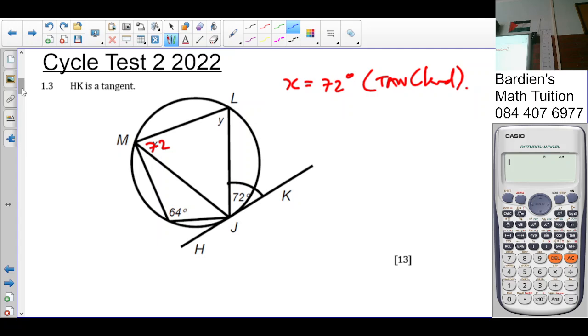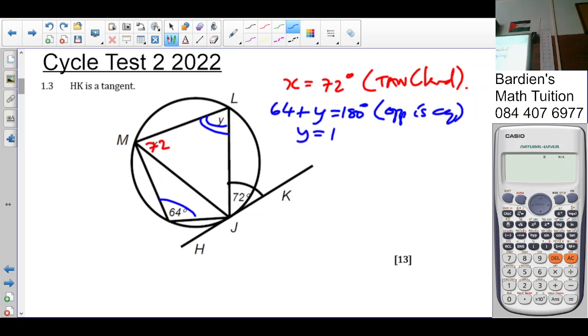What can you say about y? Opposite angles are supplementary. So 64 plus y equals 180, opposite angles of cyclic quad. So y works out to be 116. Any confusion there? No. Okay, the sun is in your face, you can close the curtain.